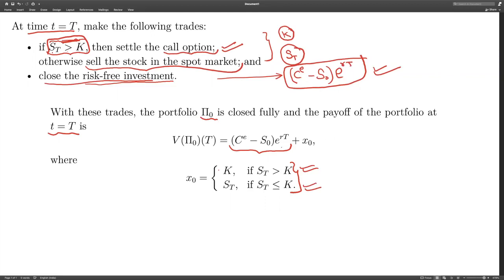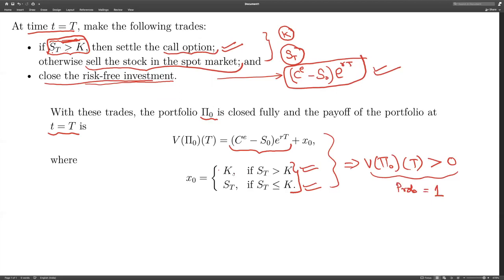Okay. In both the cases, you can see that your payoff, that is the value of your portfolio at capital T, is strictly greater than 0. And what is the probability of having this? The probability is in fact 1. Why?